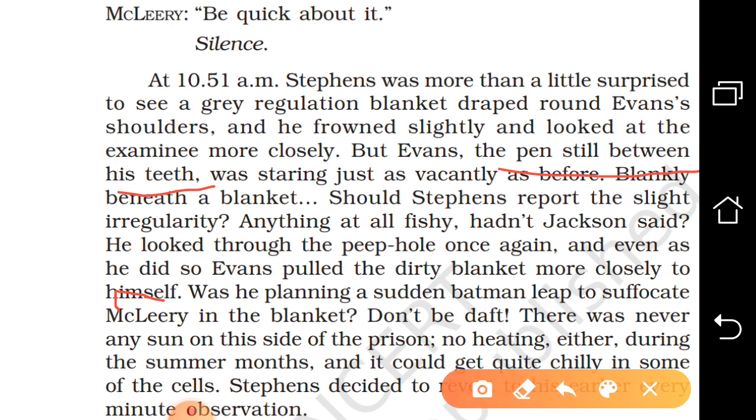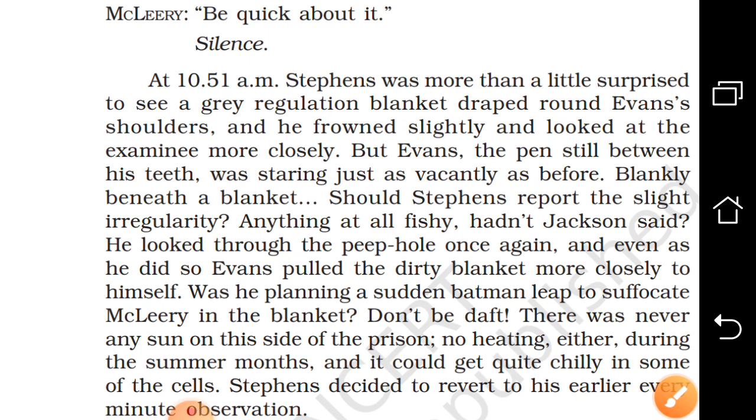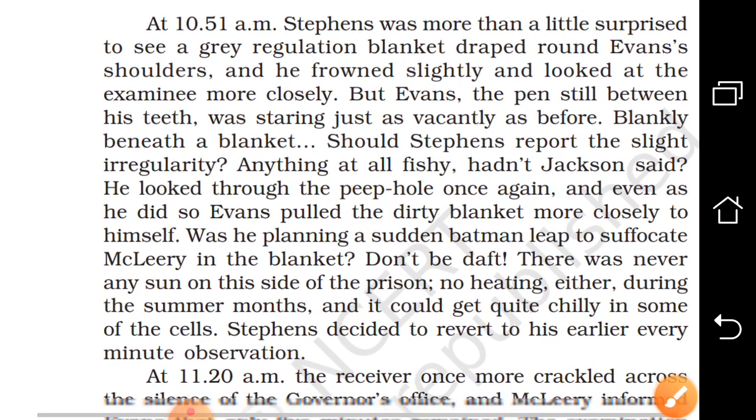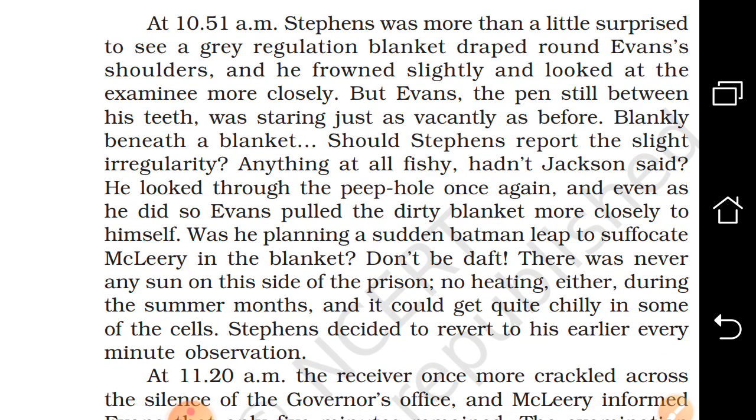Was he planning a sudden Batman leap to suffocate McCleary in the blanket? Don't be daft. There was never any sun on this side of the prison, no heating either during the summer months, and he could get quite chilly in some of the cells. Stephen decided to revert to his earlier every minute observation.